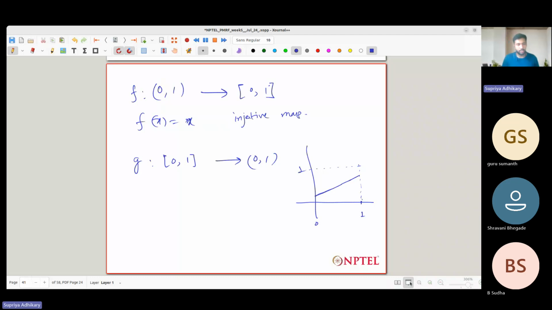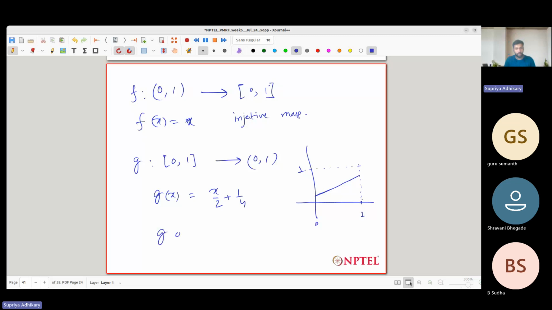So consider this map: for any x, g(x) equals x/2 plus 1/4.